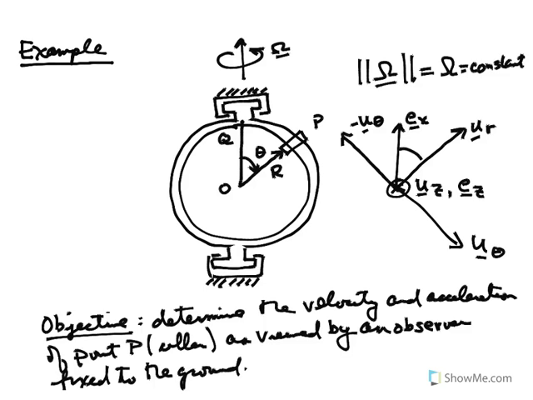So this angle here is theta, and there's also an angle between the direction EY and U theta, which maybe I can draw just for completeness. This is the direction EY, and then this is the angle theta, and then this is UZ, and this is EZ.